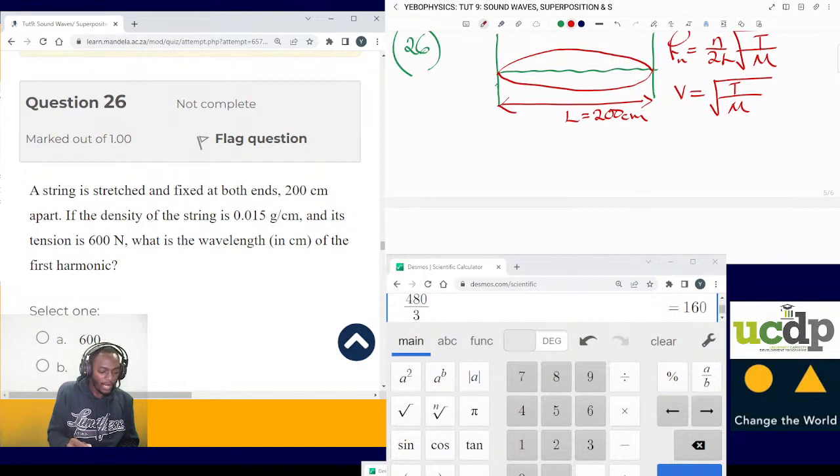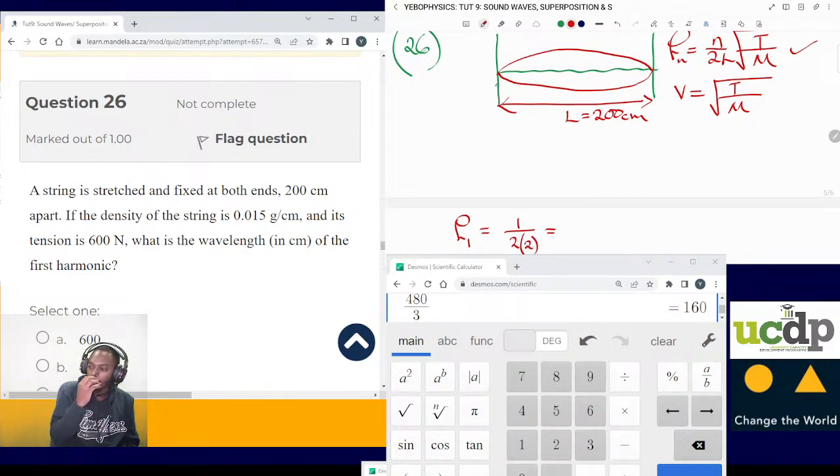So what we can do now, we know that for the fundamental mode, this is going to be F1, which is equal to 1 over 2 times the length, which is going to be 2 meters.